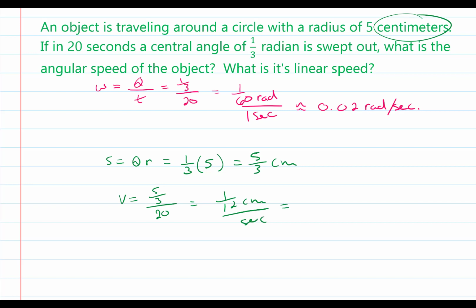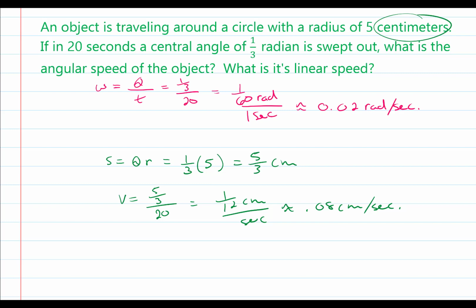Now, if I calculate the decimal, rounded to two decimal places, I get 0.08 centimeters per second. So again, linear speed is a distance per unit of time. It's 5/3 centimeters for 20 seconds.